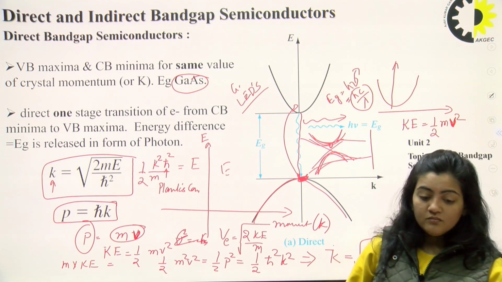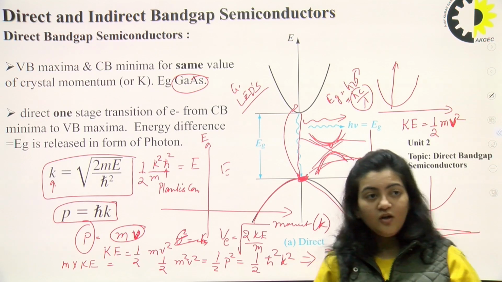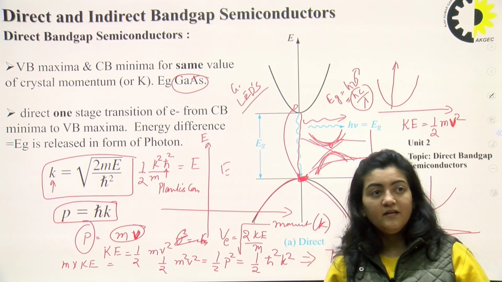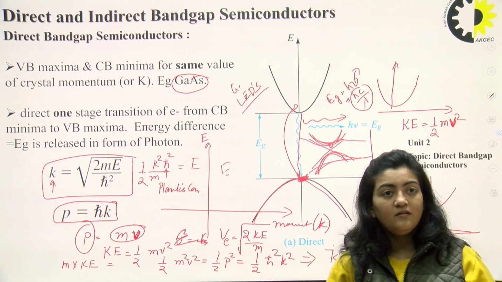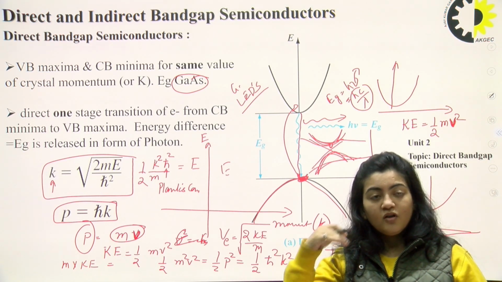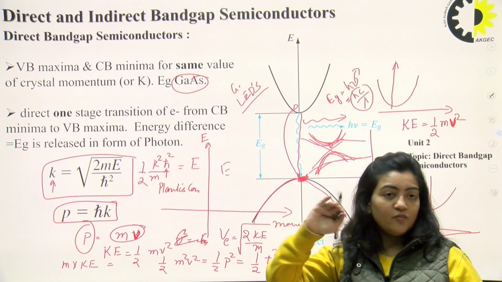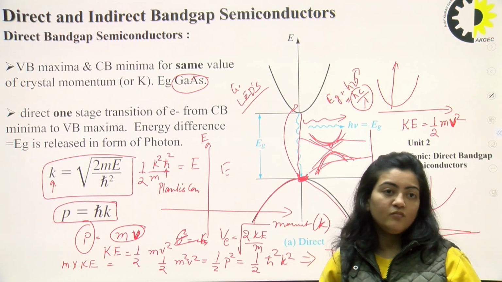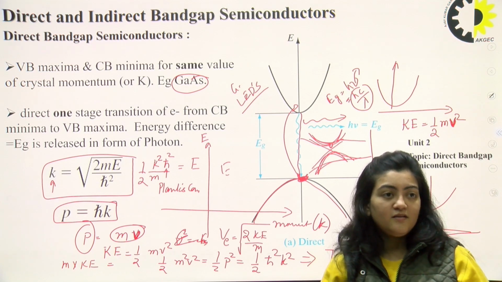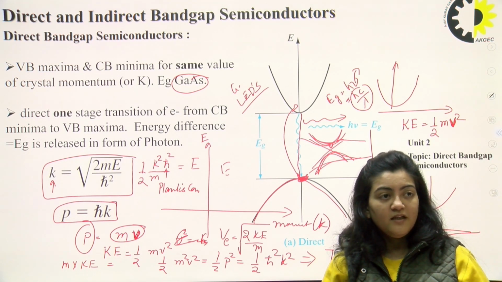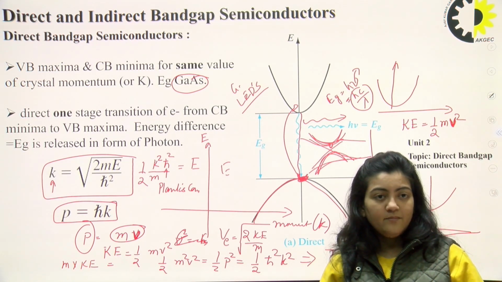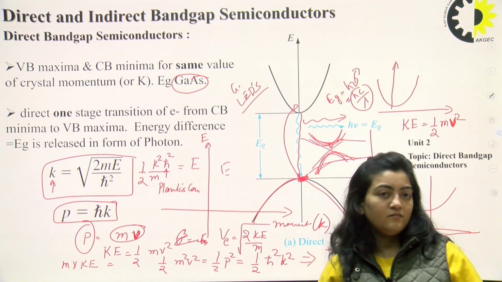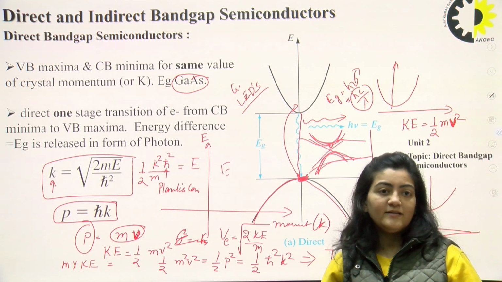Okay, so this is what we call the direct band gap, meaning the electrons from the minimum of the conduction band fall directly to the maximum of the valence band. Here the momentum is the same, so it is not changed.